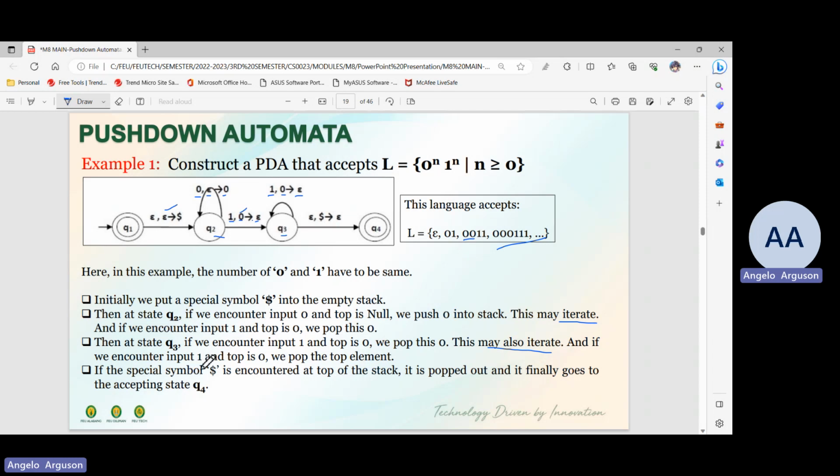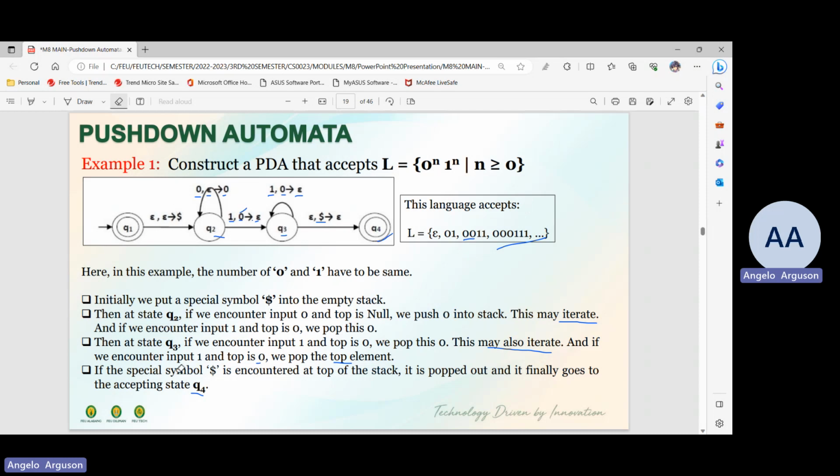If we encounter 1 and the top is 0, we pop the top element. Now, if the special symbol is encountered at the top of the stack, then it is popped out. And finally, it goes to Q4 as its final state or accepting state.